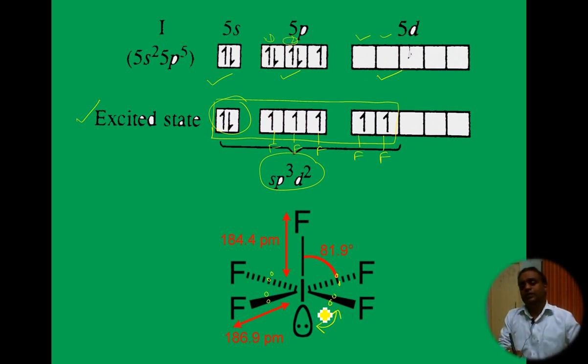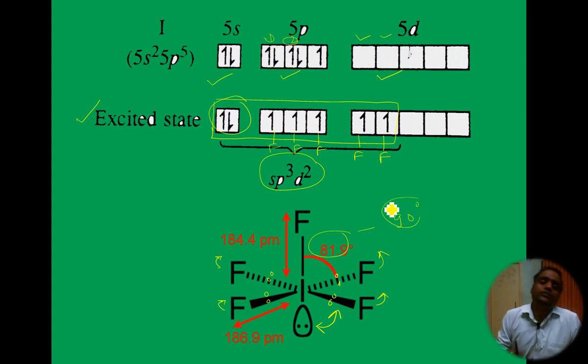So there is a repulsion between like charges, and that's why all four fluorines will try to move away from the lone pair and towards this fluorine atom, and thus this angle becomes 81.9 instead of 90 degrees.